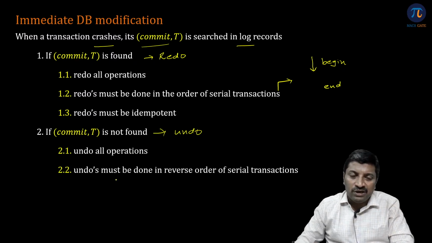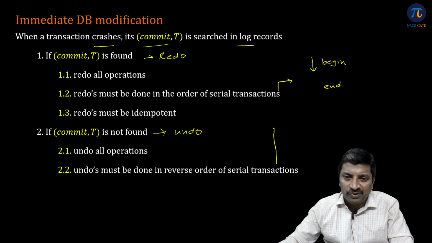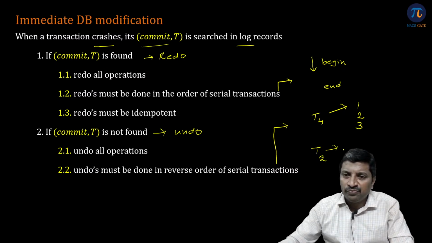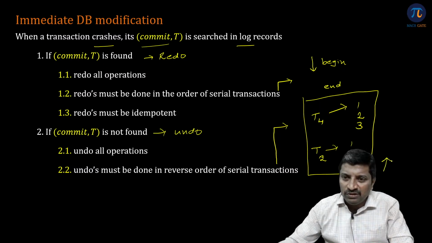Now listen to me, sir. Undos must be done in the reverse order of serial transaction. This is very important, sir. Suppose T4 has 1, 2, 3 operations. Suppose there is some T2, which has 2 operations. So this is the order we did and we failed. Then I need to undo in this direction.